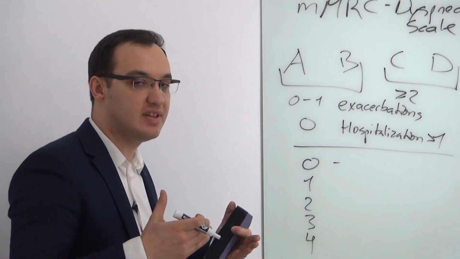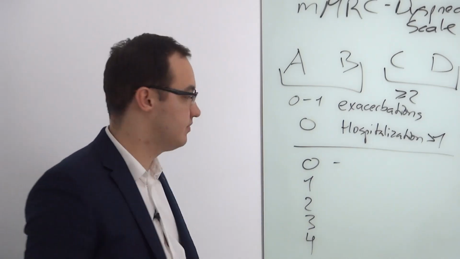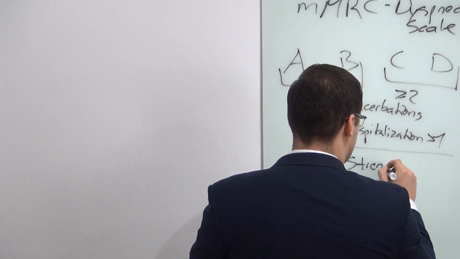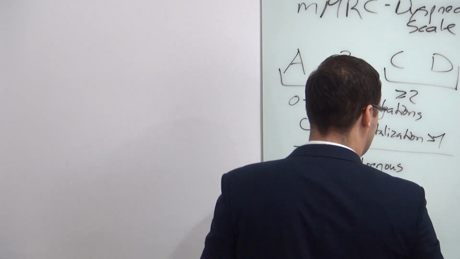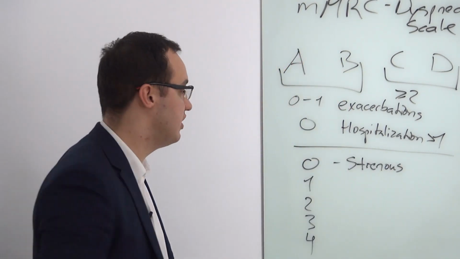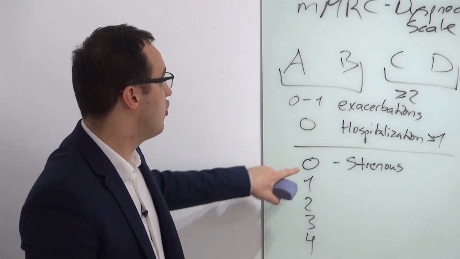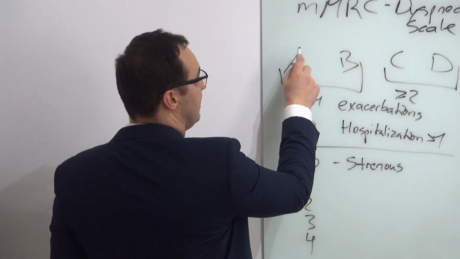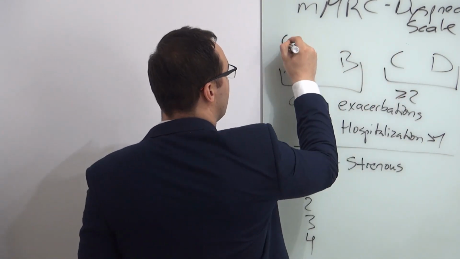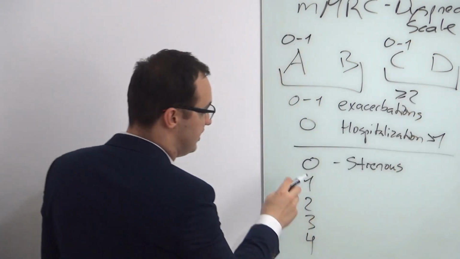At what activity level does the patient complain of breathlessness? At severe, strenuous physical activity. Strenuous means he can do exercises normally. That's 0. Here, in A and C, we will put patients that are in grade 0 to 1.